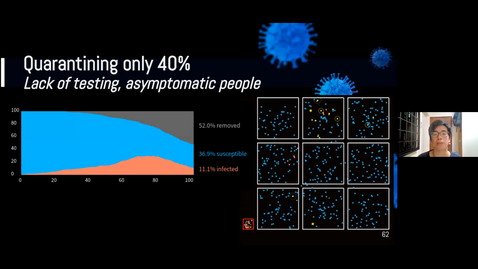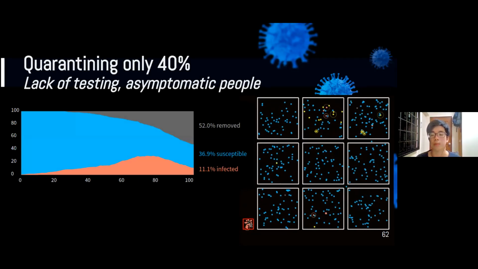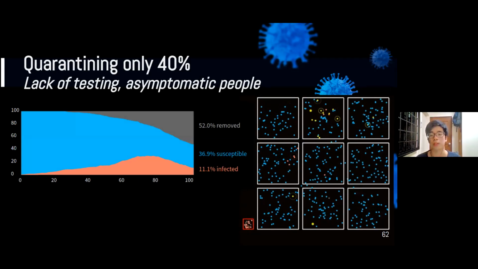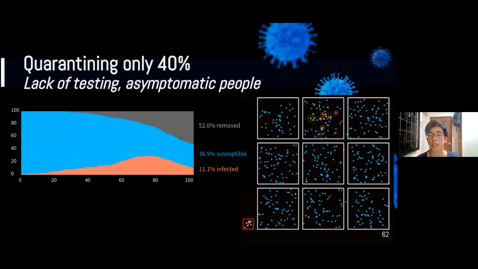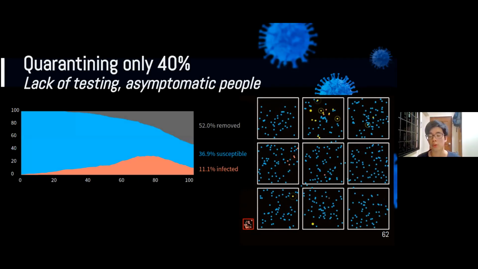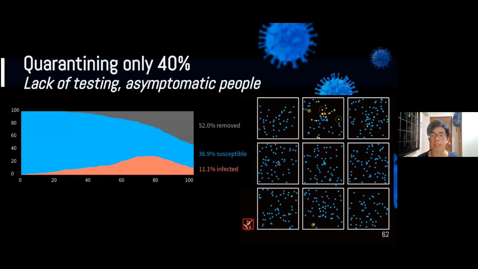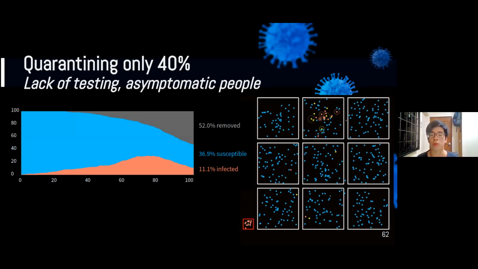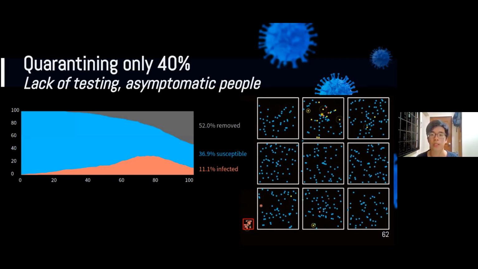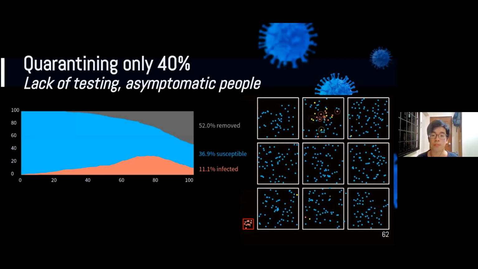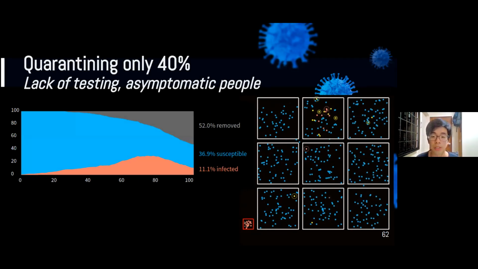This might be due to lack of testing, asymptomatic people, or false negatives. And whereas in the previous slide the growth was really gentle and shallow, and even went to zero, here, where we are only able to identify and quarantine part of the cases, there is a much more visible curve.